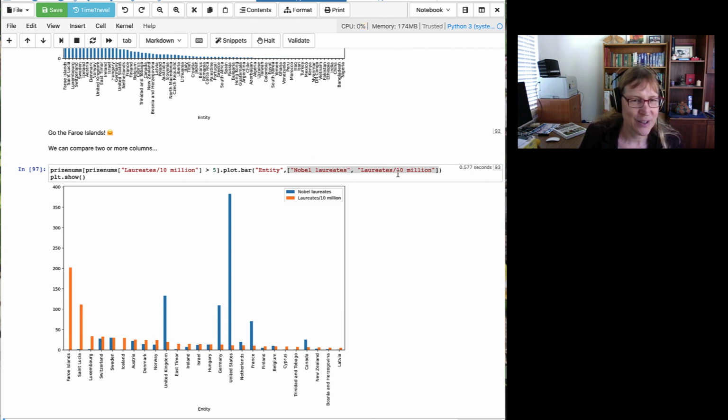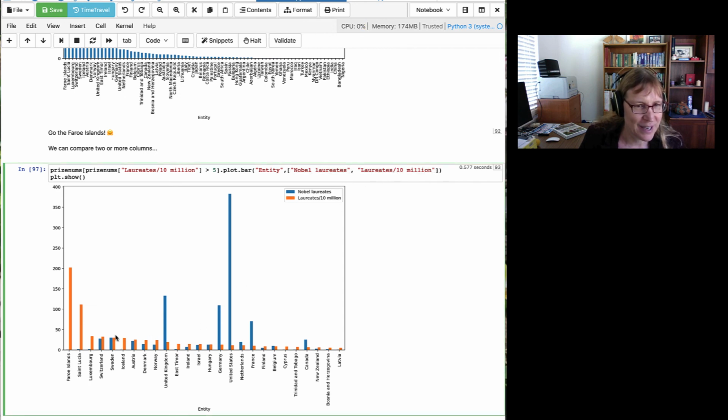Okay, so now we've got our laureates per 10 million in orange here. Notice that Pandas also nicely creates a legend for us by default. And we've got that against the total number of Nobel laureates.